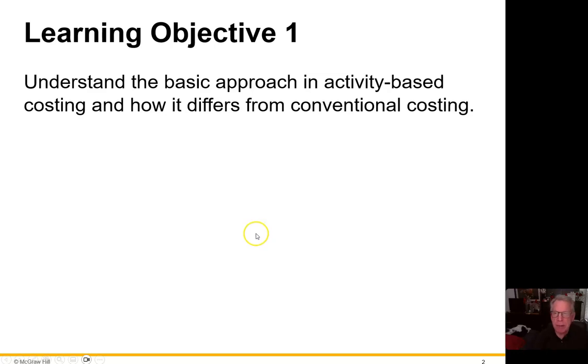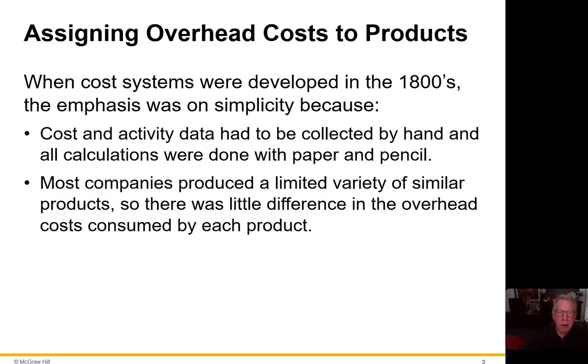Okay, for activity-based costing, here we're going to understand the basic approach in activity-based costing and how it differs from conventional costing. So you'll remember conventional costing, we're using what we would call volume-based predetermined overhead rates based probably on labor hours or labor dollars or machine hours or something like that.